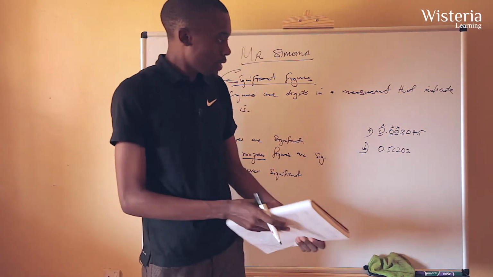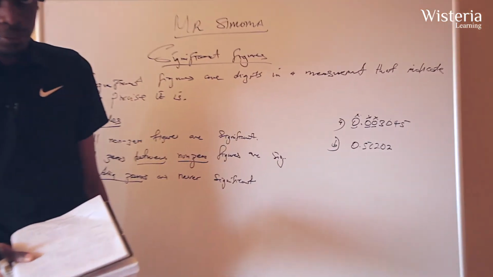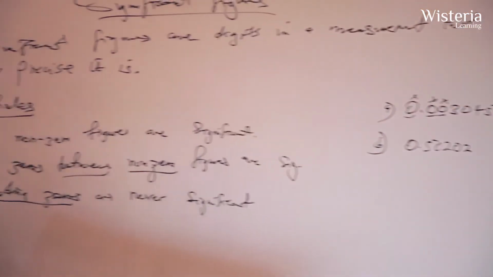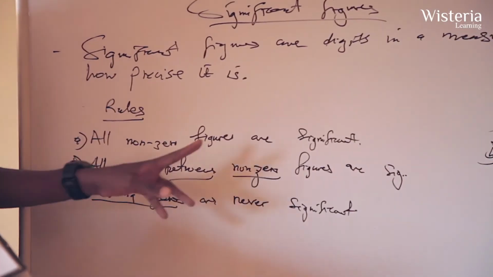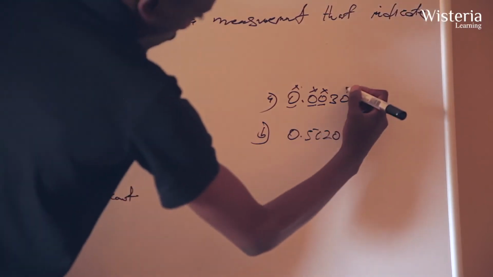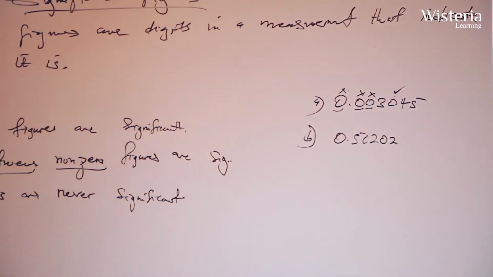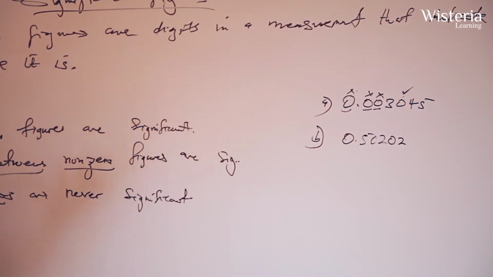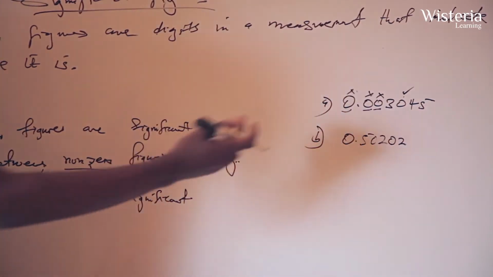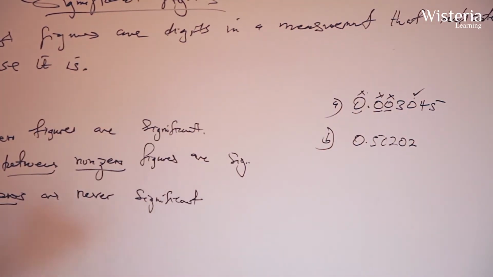But now we can say something about this 0. That 0 is significant because of rule B that says if the 0 happens to be between values, then it is significant. Therefore, we can also conclude that in that value we have 4 significant figures. The 3, the 4 and the 5 become significant because of rule number 1.